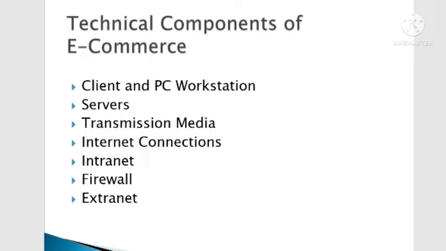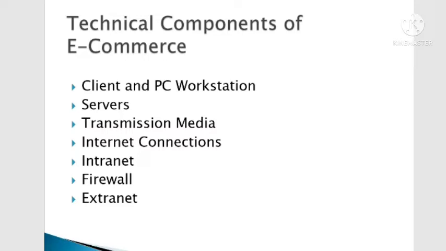Second is the server. In the first definition I told you the server is the one that accepts your request and gives the results. So the client is making the request and the server is fulfilling the request. Then we have transmission media.